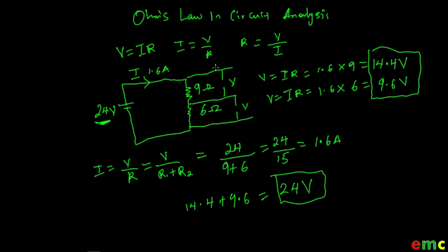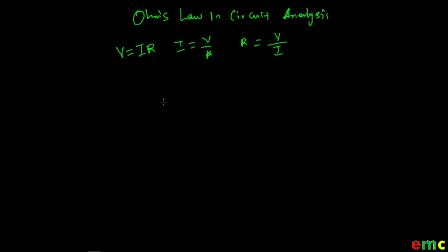Now let's apply Ohm's law to a parallel circuit. If we have a voltage source at this side, we have a resistance here, we have another load here, and we have another load here.